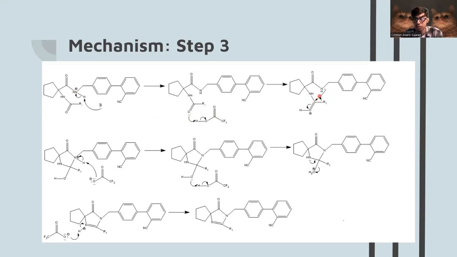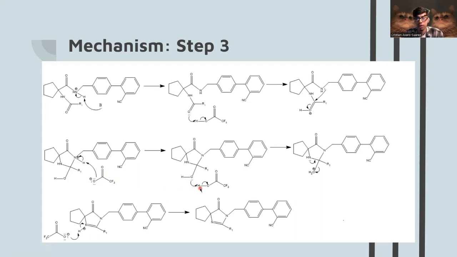From there, we proceed with an intramolecular reaction, which moves the pair of electrons onto the oxygen to remove that positive charge. From removing that positive charge, we are able to use the trifluoroacetic anion to deprotonate this nitrogen group and remove this positive charge.